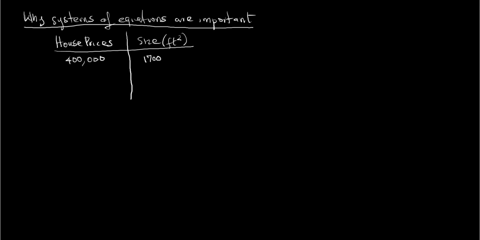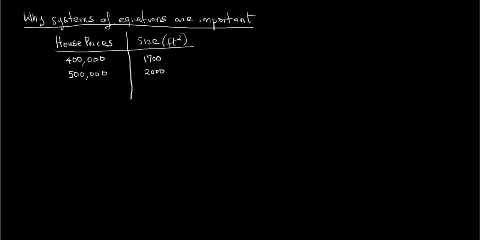And the same thing as well, if we had some data that showed us that the house price was 500,000 and the size of the house was 2,000 square feet.